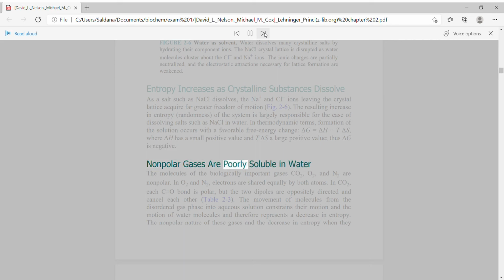Nonpolar gases are poorly soluble in water. The molecules of the biologically important gases CO2, O2, and N2 are nonpolar. In O2 and N2, electrons are shared equally by both atoms.